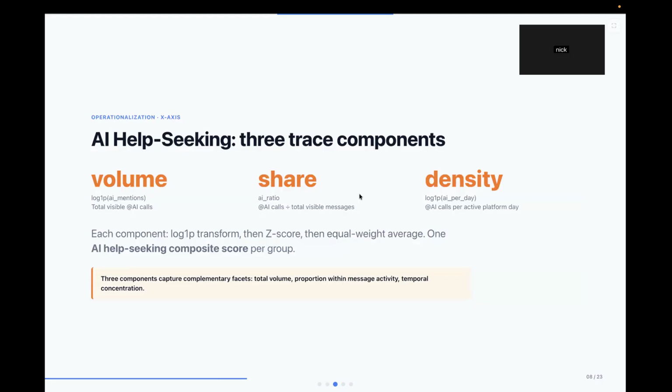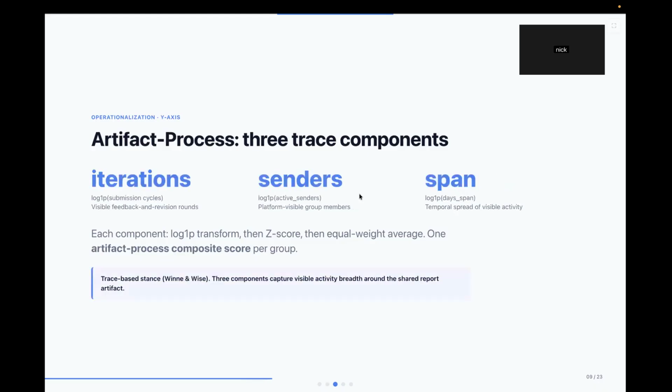And density means the @AI calls per active platform day. We use these three variables to get the x-axis score, with some transformation. And the y-axis is the artifact process.